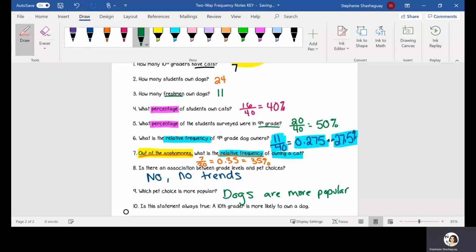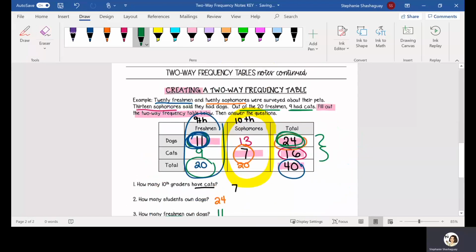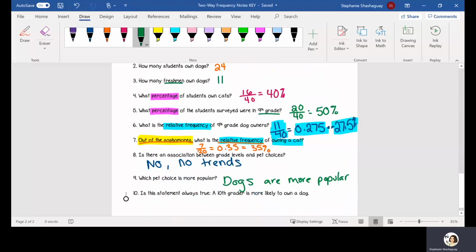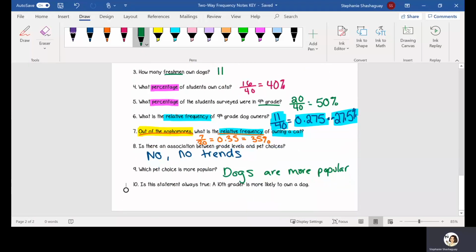And then finally, is this statement always true? A 10th grader is more likely to own a dog. Well, we can look at the data, and yes, 10th graders have a tendency to own more dogs than cats. However, it is not more likely. That is not something that is causing it.